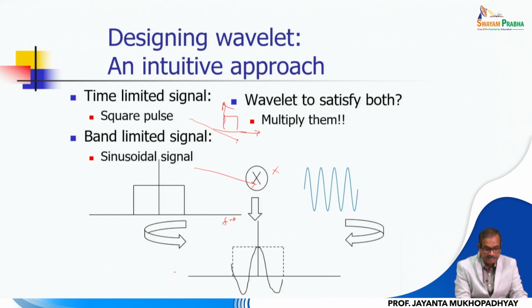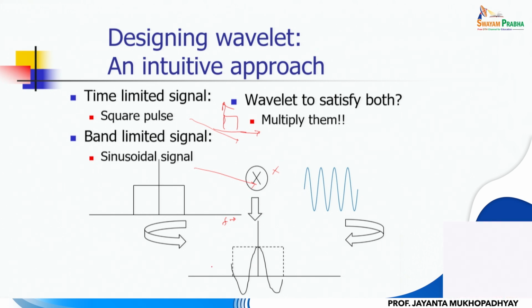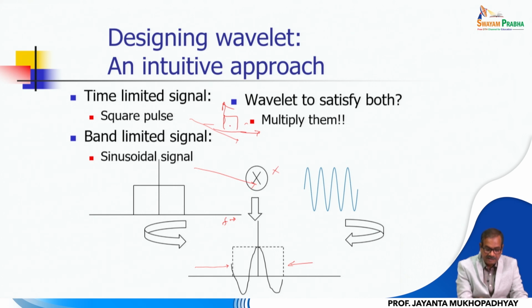So what you get here is a signal. Outside, since it is 0, the product would be 0, and only the sinusoidal variations within the square pulse would be felt in the product. So this is one kind of signal. As you can see, it has finite support in the time domain, and its support in the frequency domain would also be practically within certain limits.